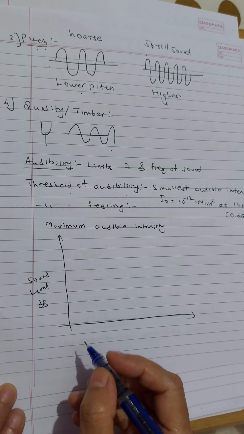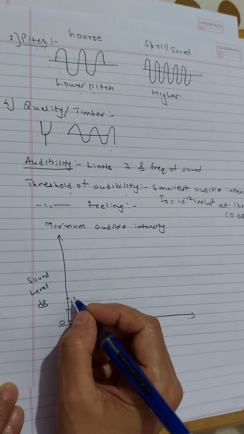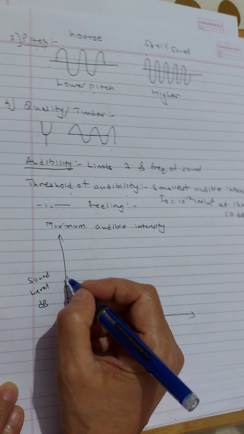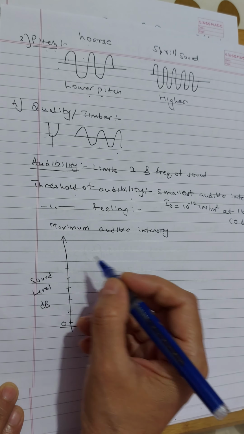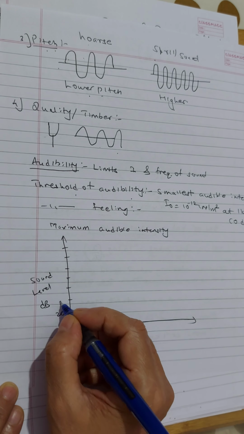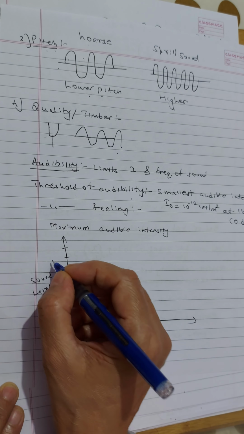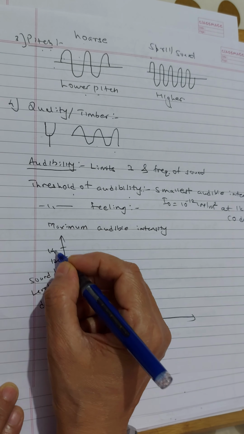Suppose I begin from 0, then 20, 40, 60, 80, 100, 120, 140. This is dB.